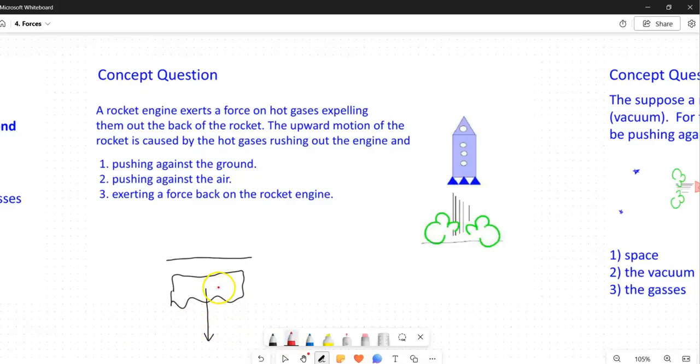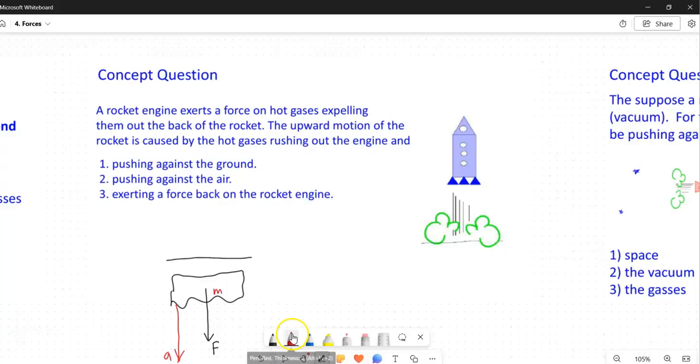Since those hot gases have a really small mass, an itty bitty little mass, when that force downwards is exerted on them, they are going to have a huge acceleration vector, because their acceleration is proportional to how small their masses are relative to that force.